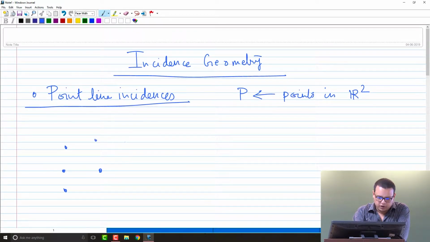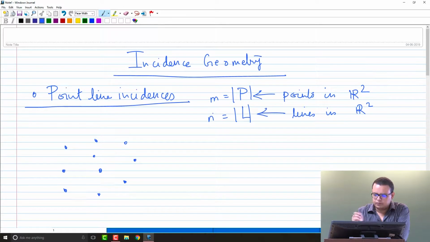Let us say you have m points in R2 and you have a collection of lines. This is m, this is n. Now, what we want to understand is, so some lines, let me draw some lines.